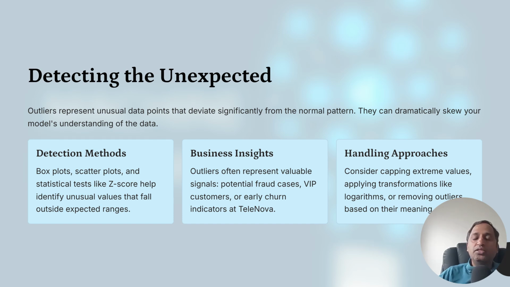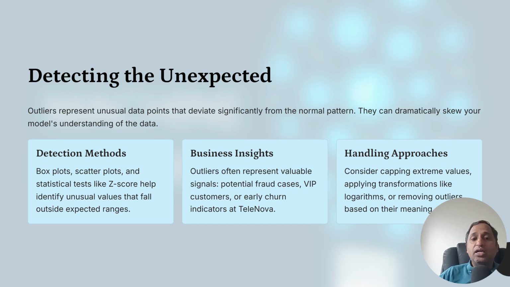So now let's talk about the most challenging part you encounter in any data set, which is outliers. Outliers are data points that deviate significantly from the norm. They can appear extreme compared to the rest of your data, and if left untreated, they can skew your model learning process or even dominate the patterns it picks up.